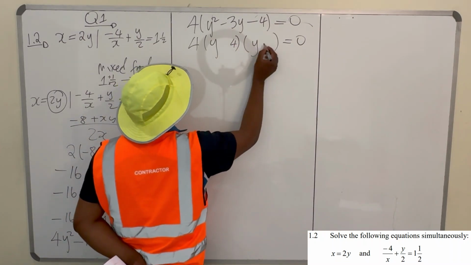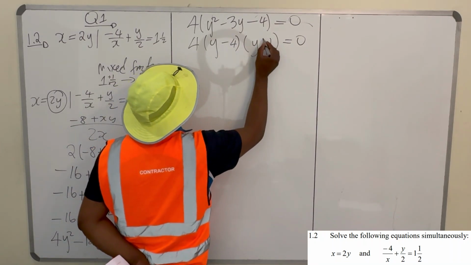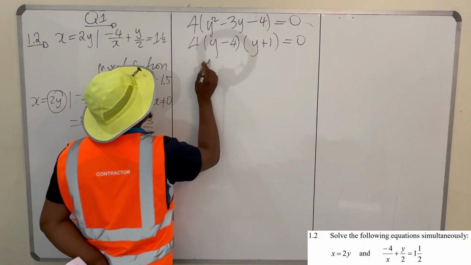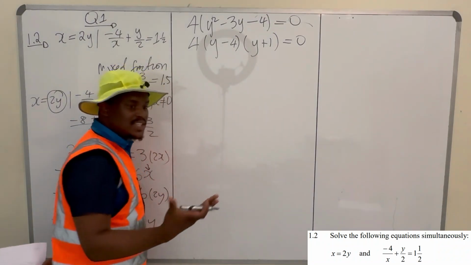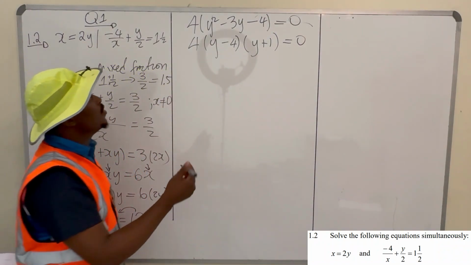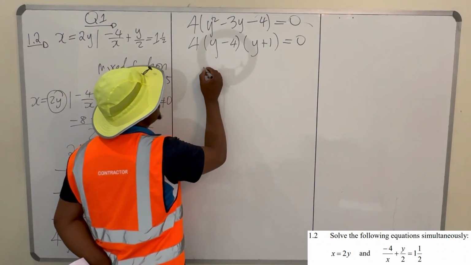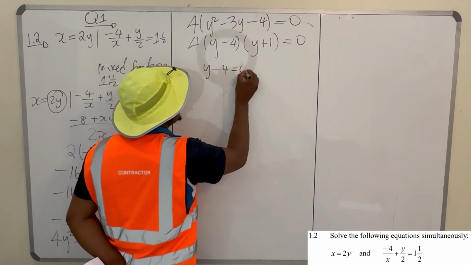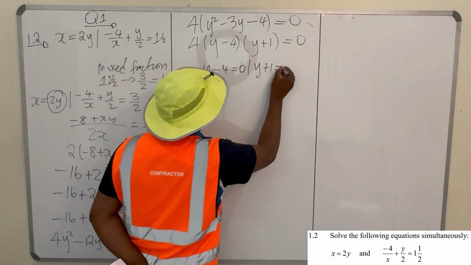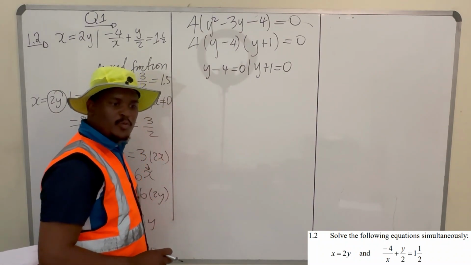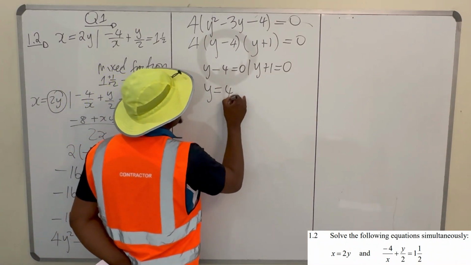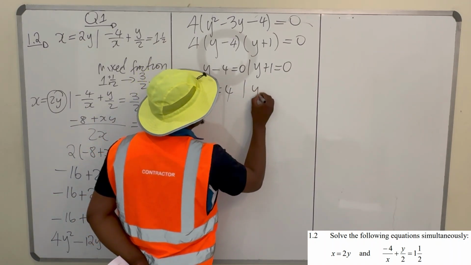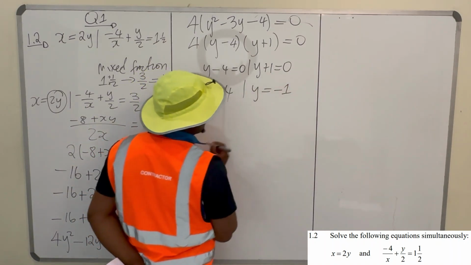So you have 4, you have 1, you have a minus, you have a plus. So you have two things multiplying each other, and the product is 0, which means at least one of them is 0. So it's either your y minus 4 is 0 or your y plus 1 is 0. No one cares about the 4, we know it's not 0. So your y is equal to 4 or your y is equal to minus 1.